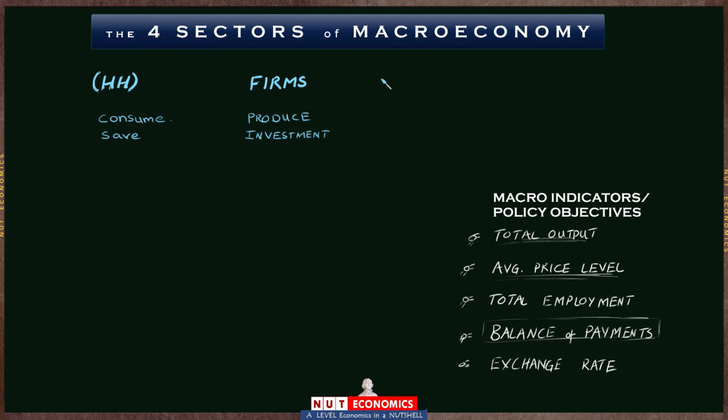Then the third main player of macroeconomics that we consider is government. Government has many roles in the macroeconomy as well as the microeconomy, but the two key roles at the macroeconomic level are, first of all, that every year the government collects a certain total amount of tax revenue.